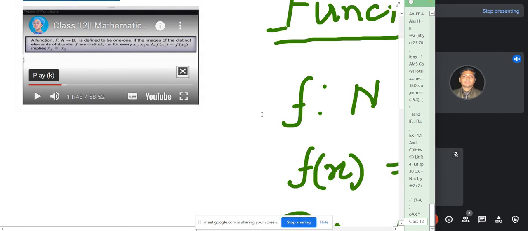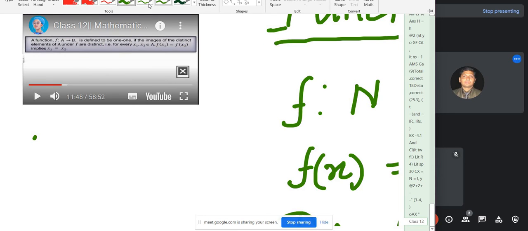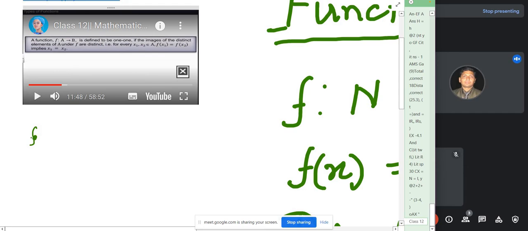Okay, suppose a function, just consider f(x) equals 2x, only 2x I have taken. Suppose f such that it is natural number to natural number and define as f(x) equals 2x.